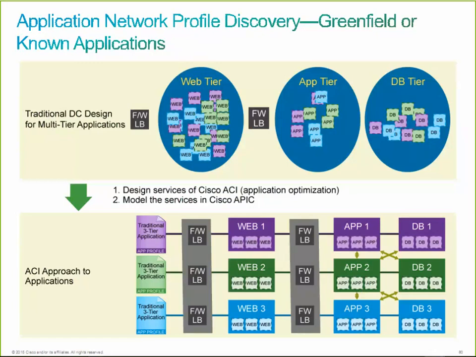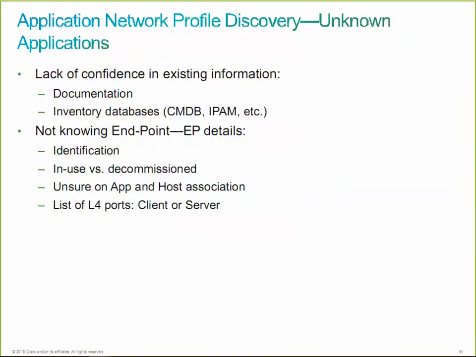But what do we do if it's an unknown application? How do we handle unknown applications? In order for us to design application profiles in APIC, we would have to know the application architecture. We would have to know how it's addressed, how it's routed, what is its security functionality, right?